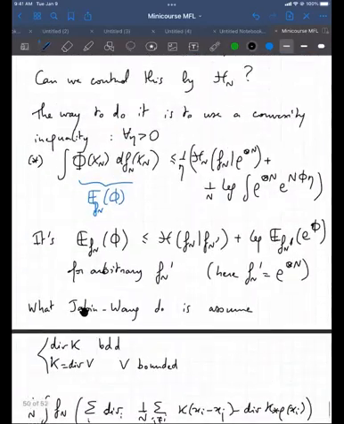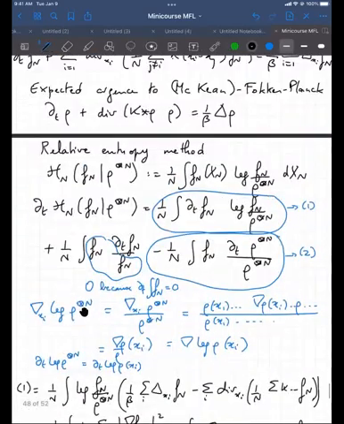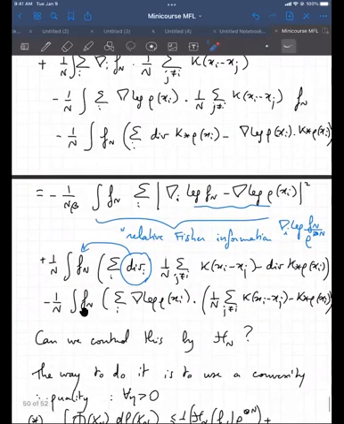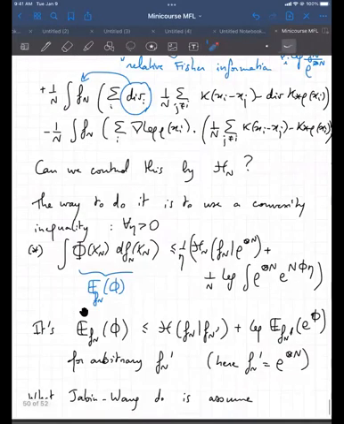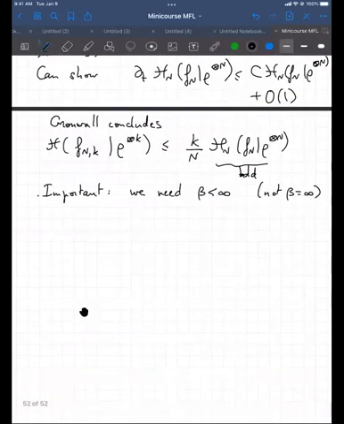And the Fisher information has a -1/β in front. So if you go back somewhere, yes, you see here, there's a 1/β. So if beta is infinite, we won't have this term, we won't be able to absorb. So the relative entropy method is really a method that relies on the noise. So we need noise.